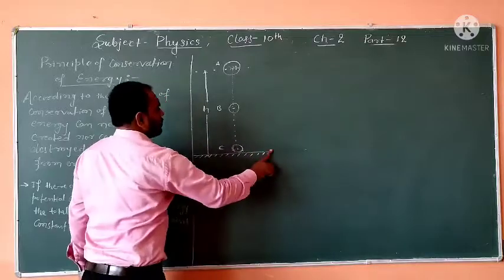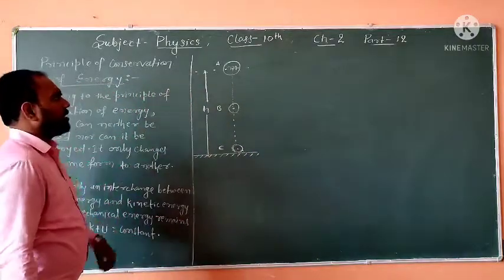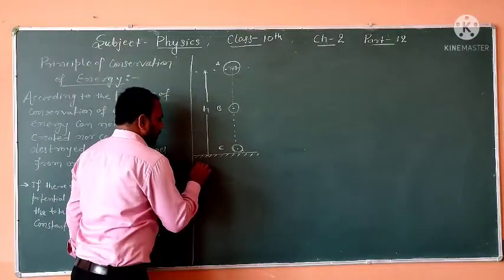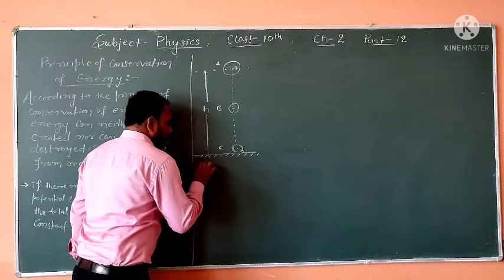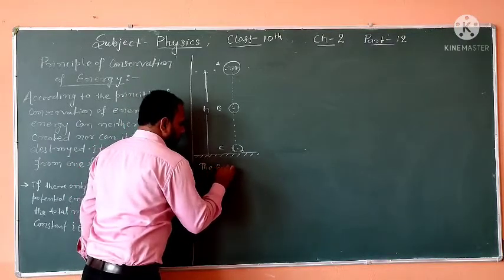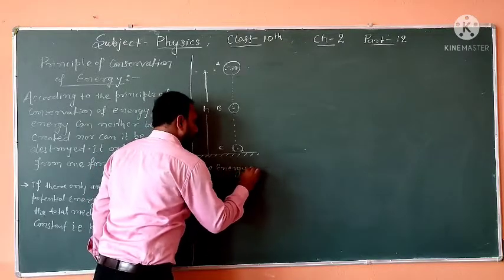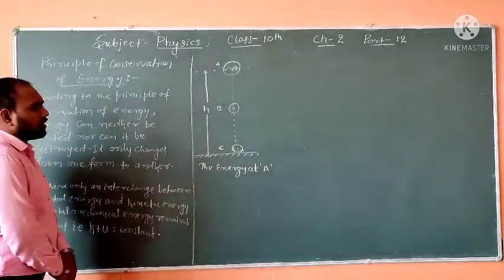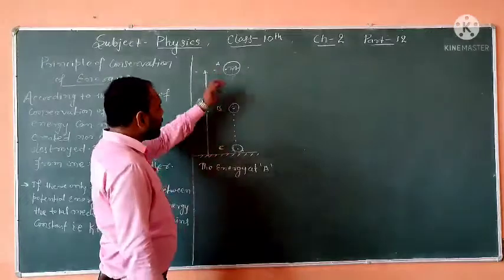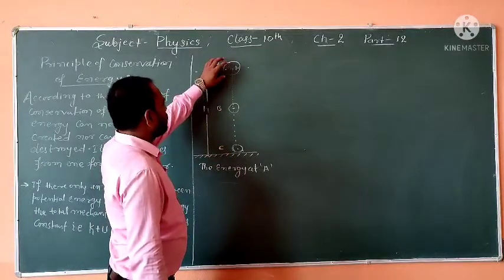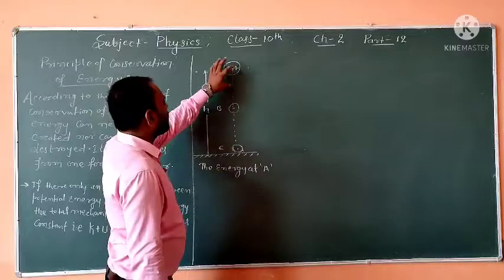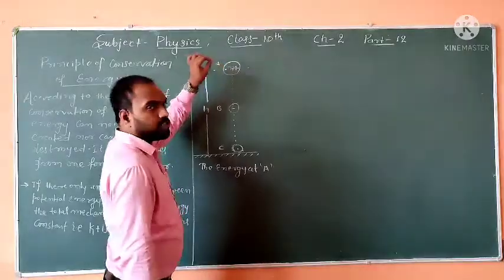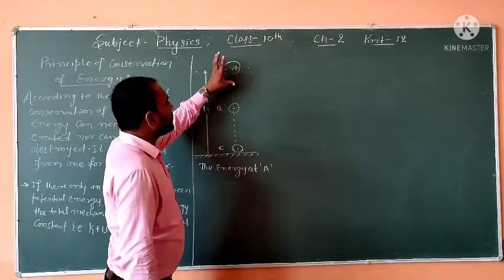Now come to point A. Case 1, or it may be simple. Let's find the energy at A. Here only one energy is present over the ball, that is potential energy, because the body at the position of A is stationary.